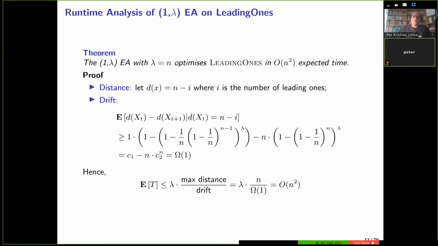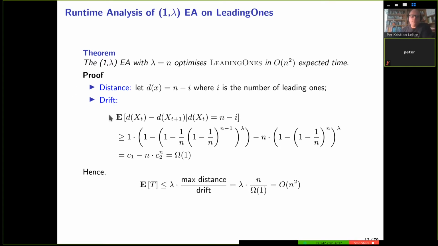Okay, so to apply drift analysis, we first need to come up with a distance function, and often this is the most difficult part of drift analysis. So in this case, it's quite natural to say that the distance is the remaining number of bits that you need to set right. Okay, so it's n minus your current number of leading ones.